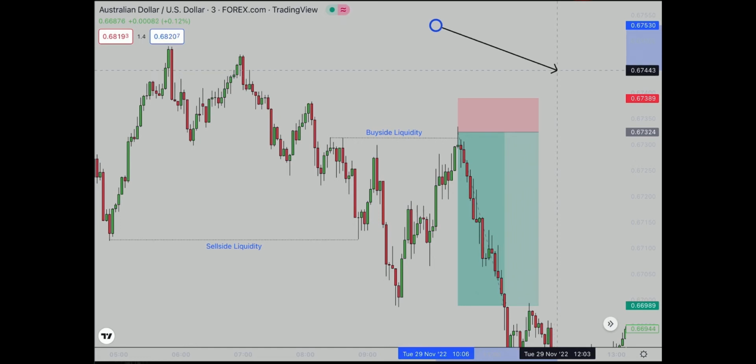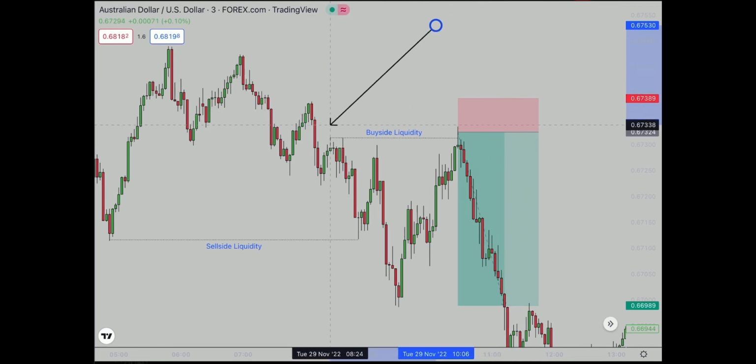If it forms after then, it has a chance to not play out. Okay, so this is time and price that you would use on this occasion.